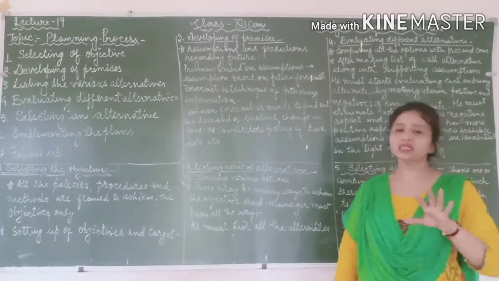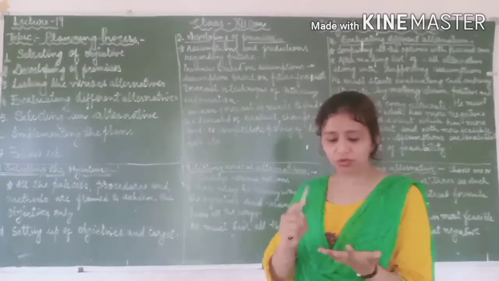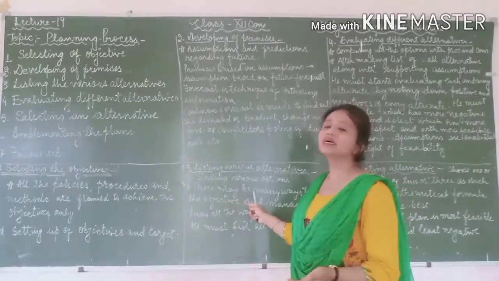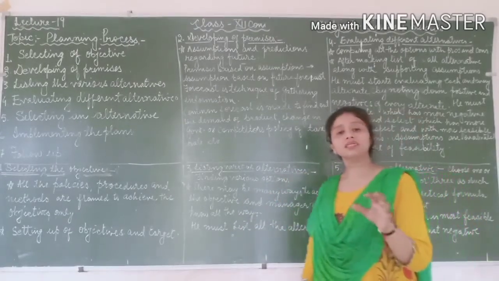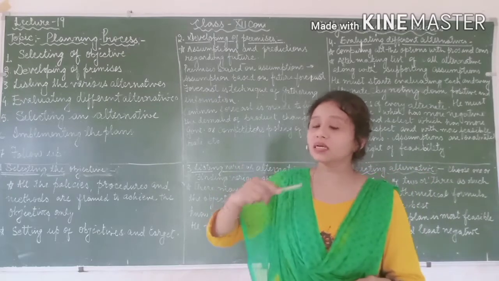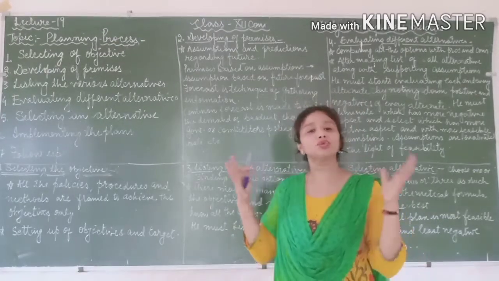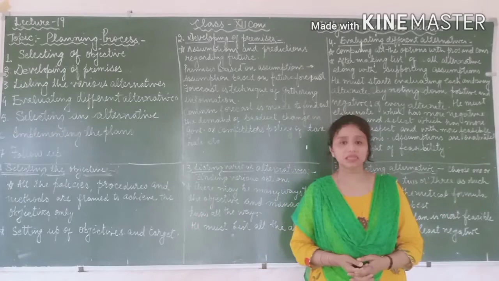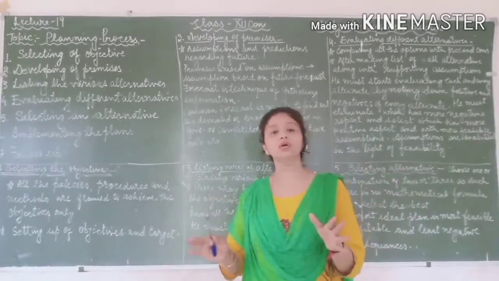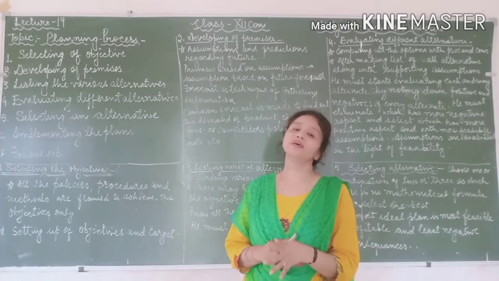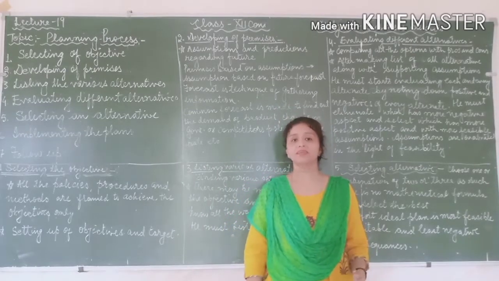Now, once you have made the objective, you develop your premises. The third step in the process is listing all the alternates. There may be so many ways of getting one thing, and the manager must know about all the alternates and how to apply them. He also has to list all the alternates. He should know the pros and cons of all of them.